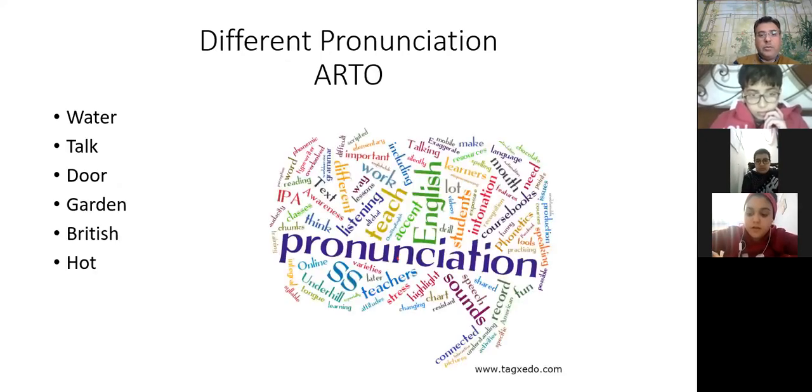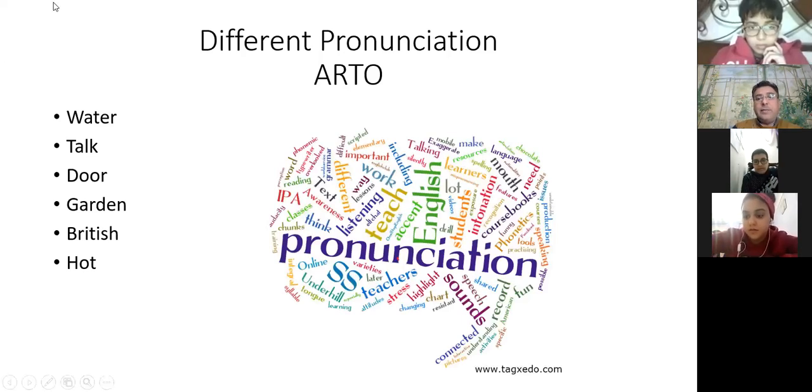So let's start with the first difference. The first difference is pronunciation. When we find we have differences, what are they? They come in four parts.